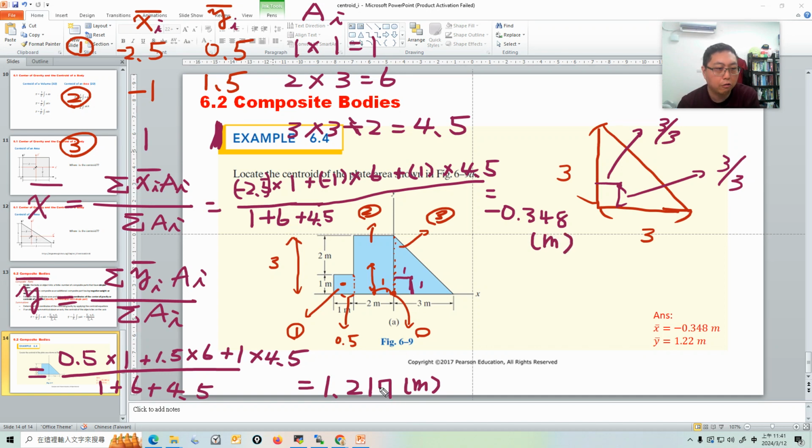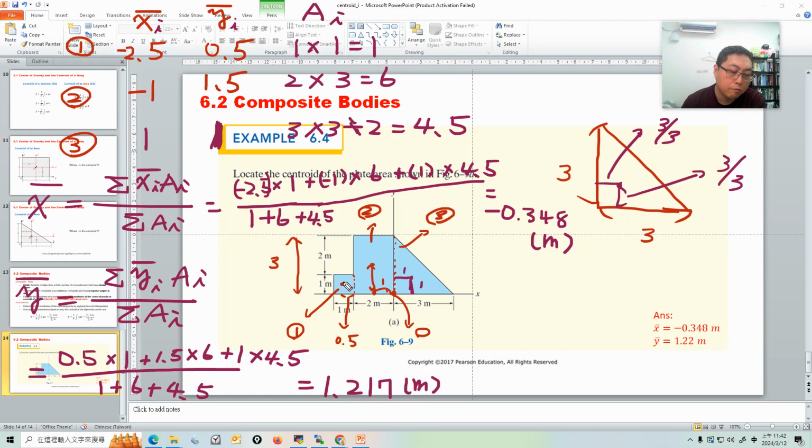So that's how you calculate the centroid of composite bodies or composite areas. First of all, you divide your complicated shape into simpler shapes. In this example, I divided the shape into two rectangles and one right triangle. Then you identify the centroid of each simpler shape.